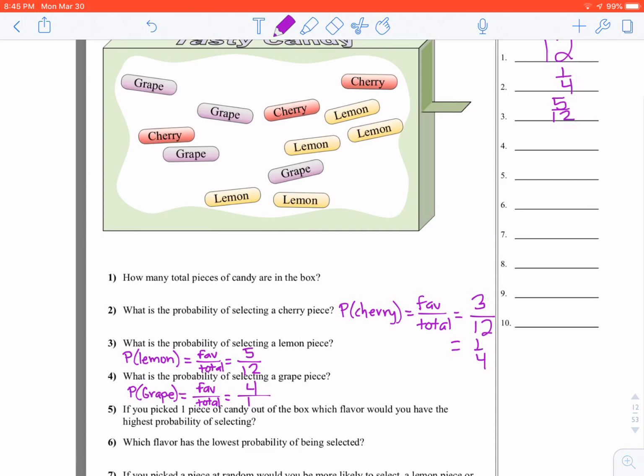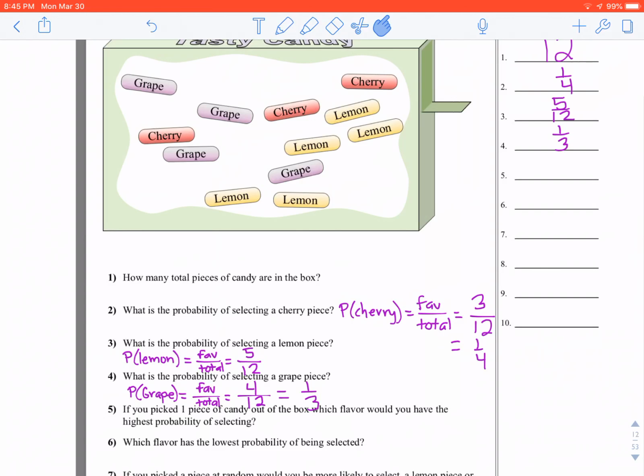And again, remember our total is 12. So type into your calculator 4 divided by 12, math, enter, enter. That gives you that there is a 1/3 chance of selecting a grape piece. You could also write that as 33.3 repeating percent. So that might happen, but it's not a very good chance based on the percent that we just talked about.